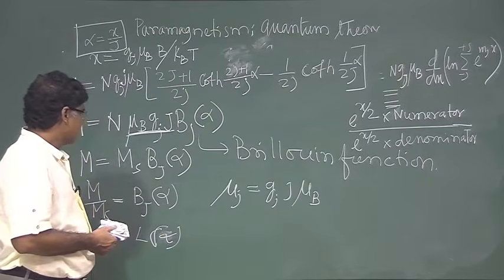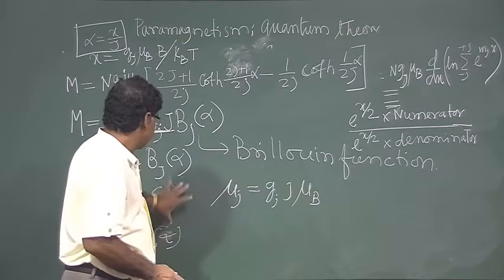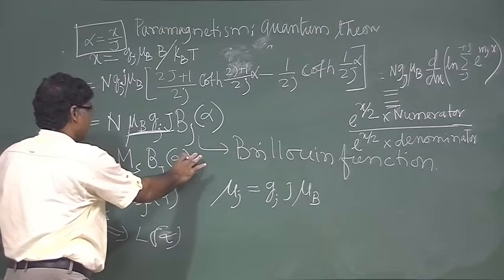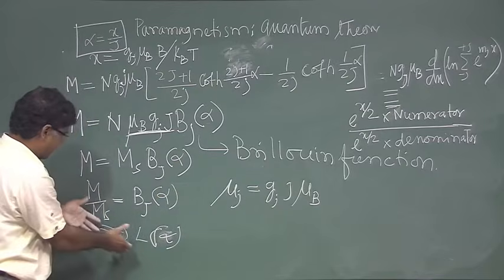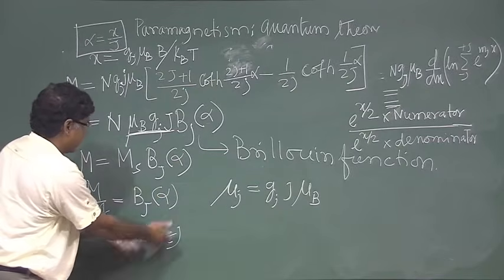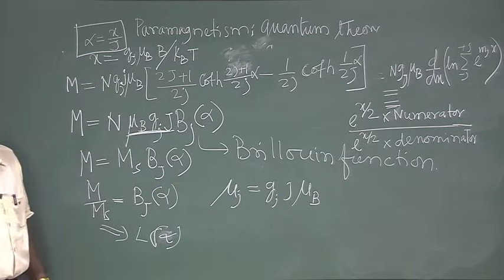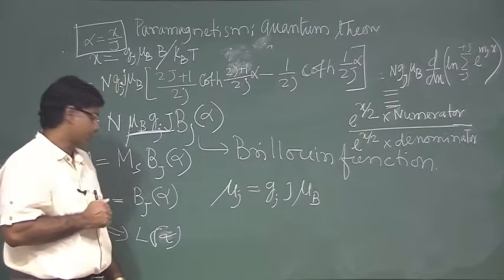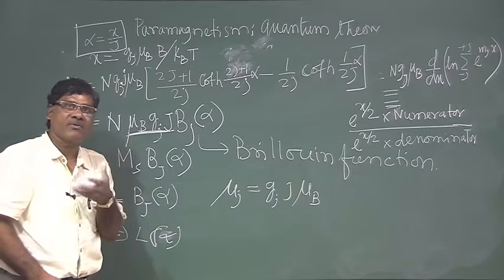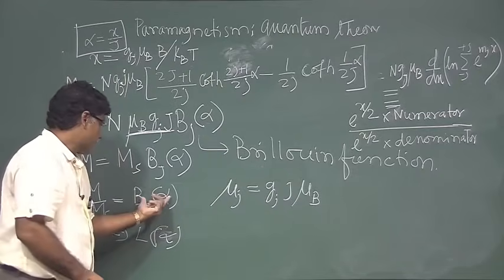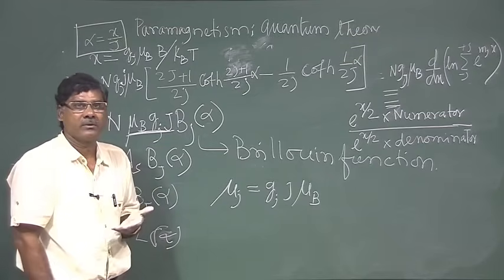And another aspect: this is the quantum theory, and this is the classical theory, right. Here Brillouin function and here Langevin function, right. But one can show that in the classical case, we considered the dipole moments free to rotate, and in this case, the dipole moments are not free to rotate.